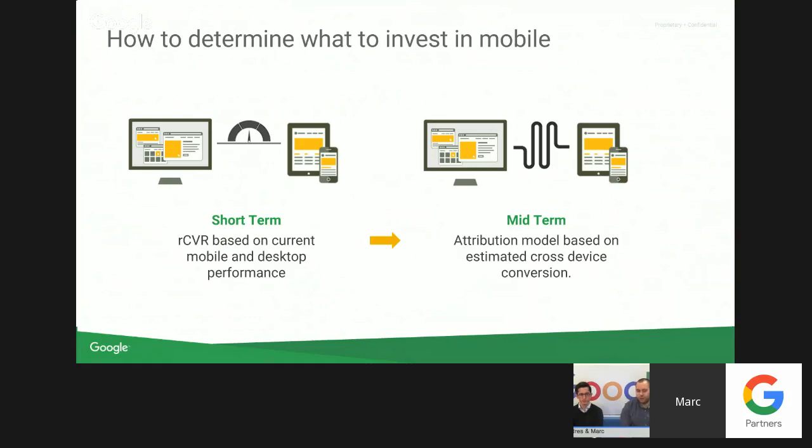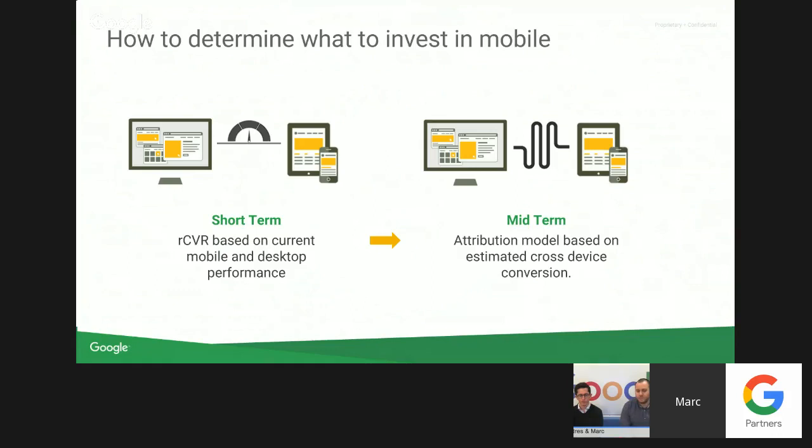We always recommend that you have a holistic point of view when it comes to mobile, that you look at mobile and desktop working together and how mobile acts as an attributor to desktop conversions. This was covered in the Hangout on Air for Elevenses 2 weeks ago that looked at estimated cross-device conversions.